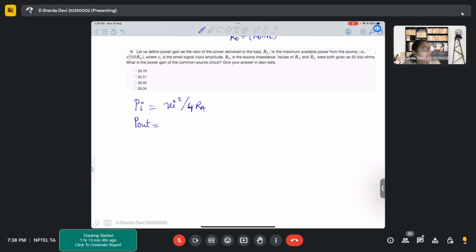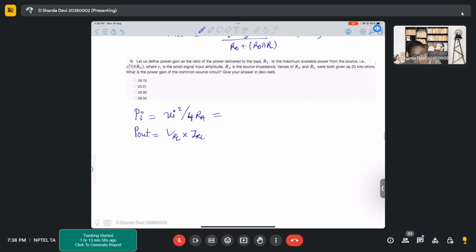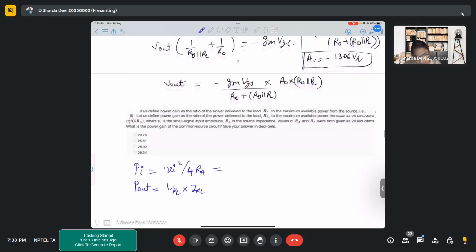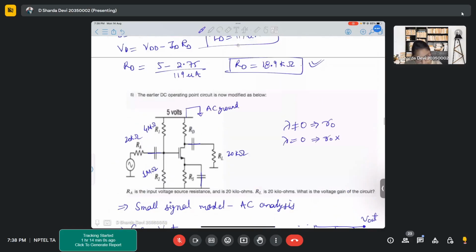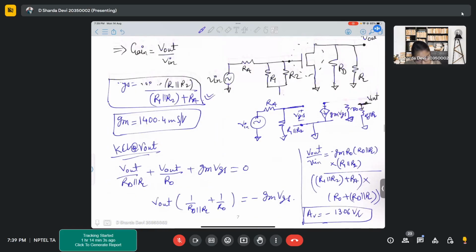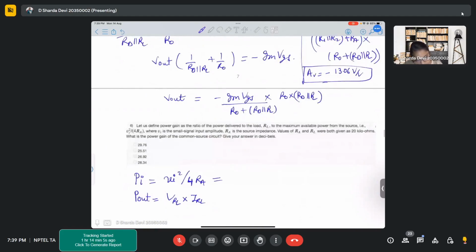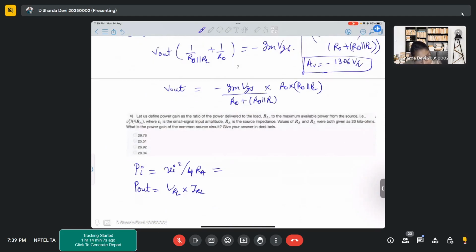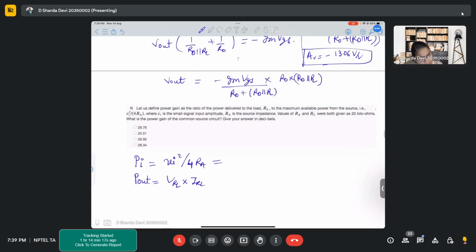how much will be the power across the load? VRL into IRL, right? Where Vi is the small signal input amplitude, and the values of Ra and RL were both given as 20 kilo ohms.